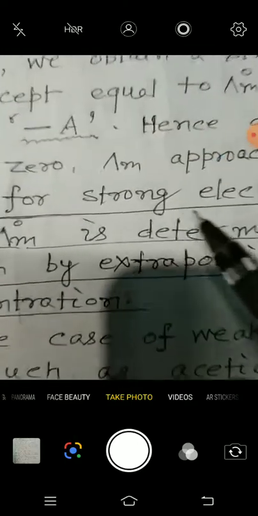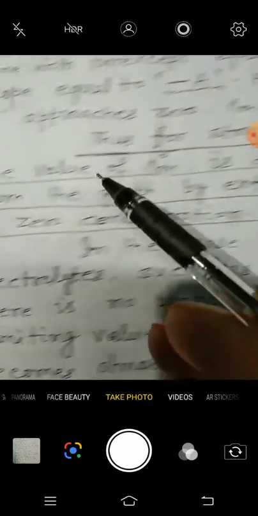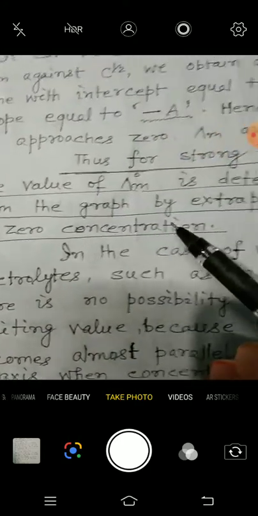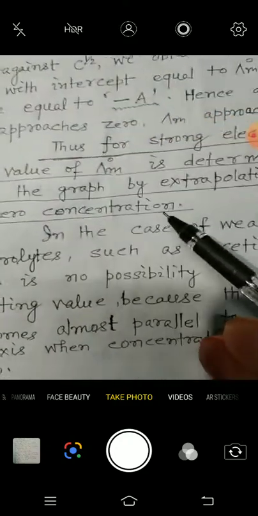Thus, for strong electrolytes, the value of lambda naught m is determined from the graph by extrapolating it to 0 concentration.